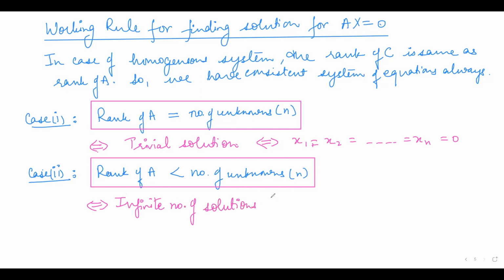So in both cases, we have a consistent system of equations for the homogeneous system. The only difference is that if the rank is equal to the number of unknowns, we have a trivial solution, that means all the xi's are equal to 0. When it is less than the number of unknowns, we have an infinite number of solutions, or you could say the non-trivial solution.